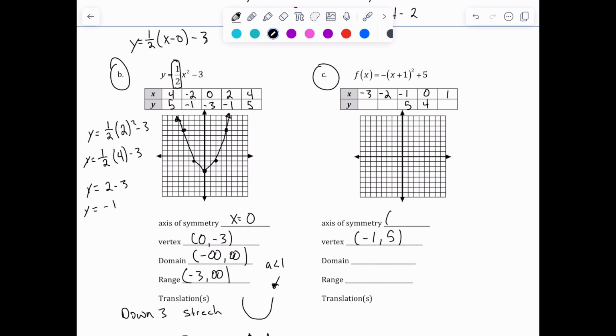Next, I'm going to have this -2 here, so I'm going to have negative (-2 plus 1) squared plus 5, and that is, again, 4. I know they're going to be the same. Now I'm going to have -1 plus 1, which is 0, and then plus 5. So let's do that. 5, and that is 1. Okay. And then I'm going to know that is 1 as well.